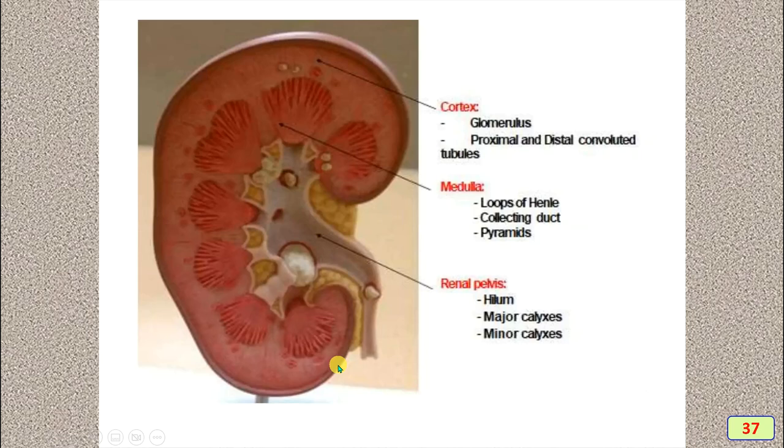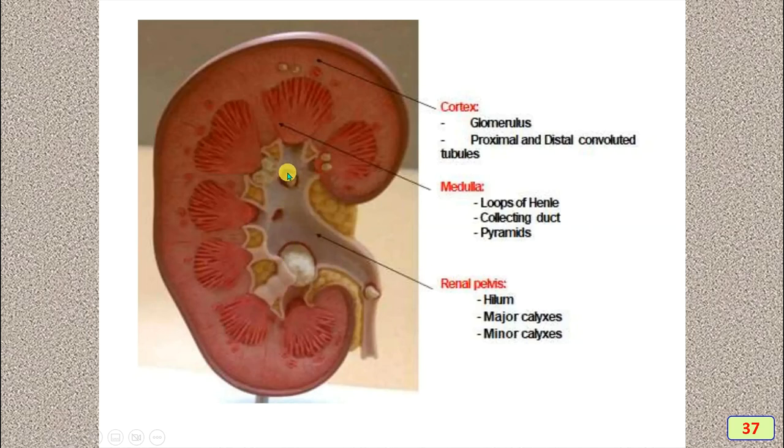The cortex is a pale pink color. Most of the glomeruli are present here, along with the proximal and distal convoluted tubules. In the medulla part of the kidney, the loop of Henle is present and collecting ducts are embedded there, along with the pyramids.